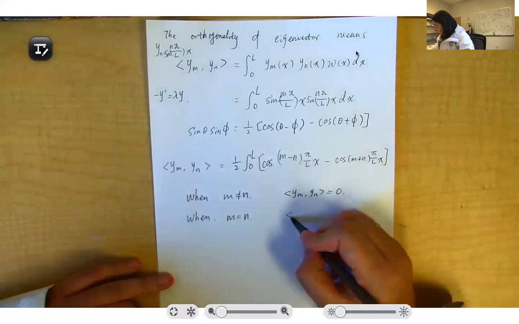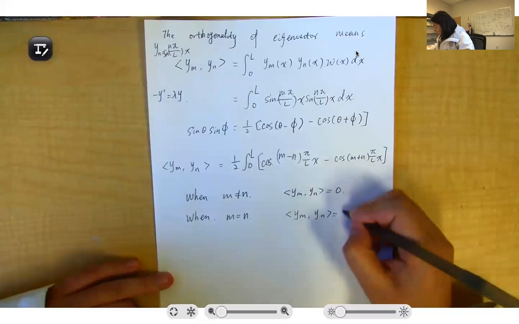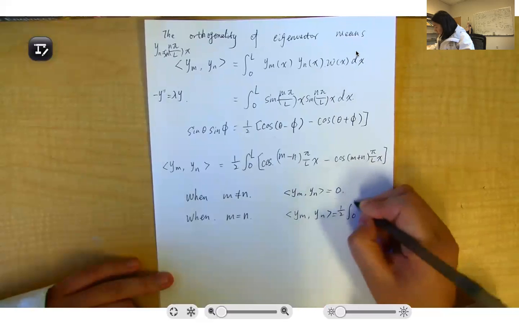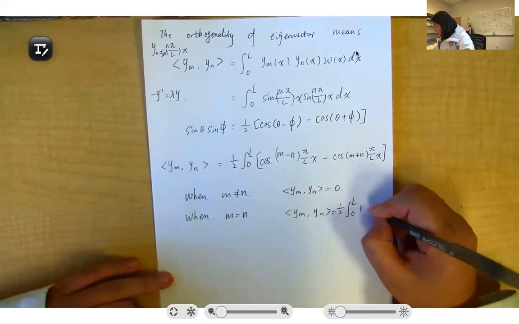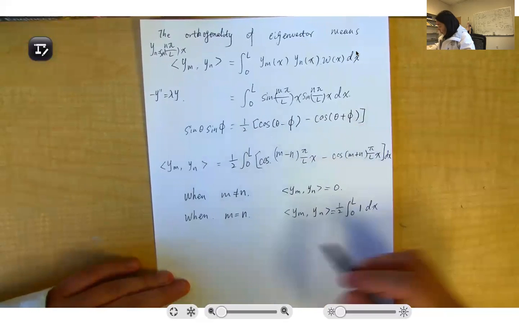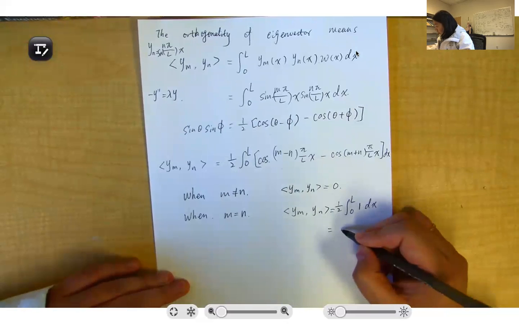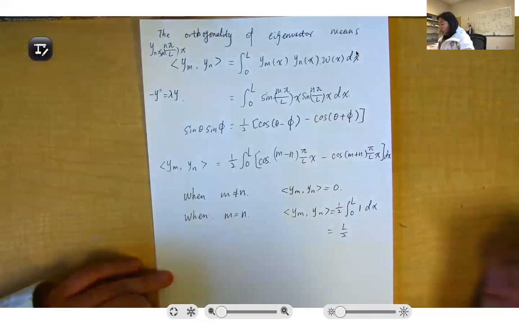So the inner product ym, yn will be equal to half the integral from 0 to L of cosine 0, which is 1, dx, which will be equal to L over 2.